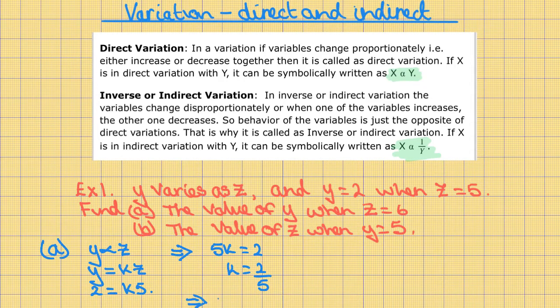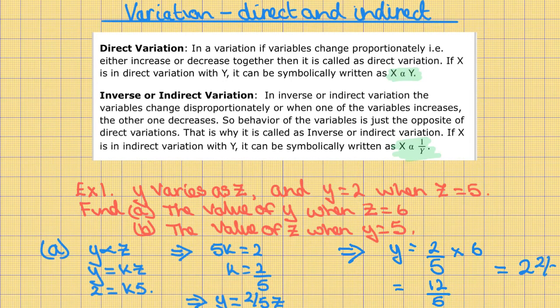Therefore, y is equal to 2 over 5 z. Therefore, when z is 6, y equals 2/5 times 6, which is 12 over 5, which equals 2 and 2/5.